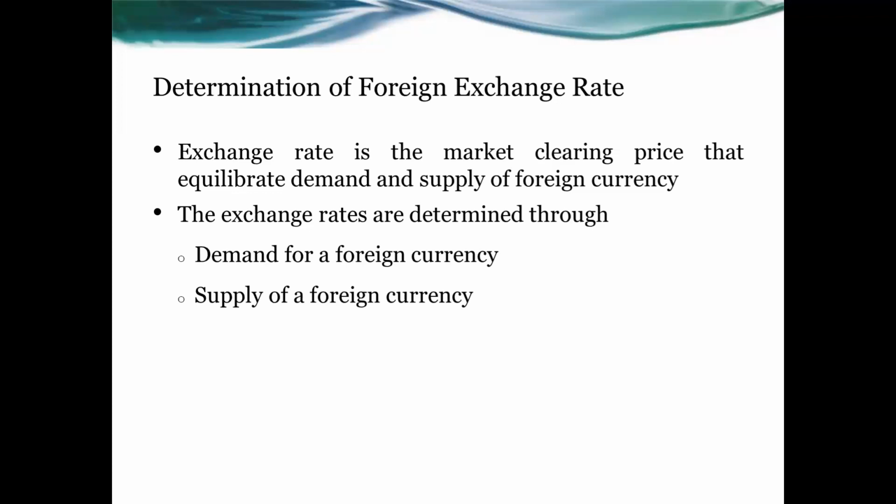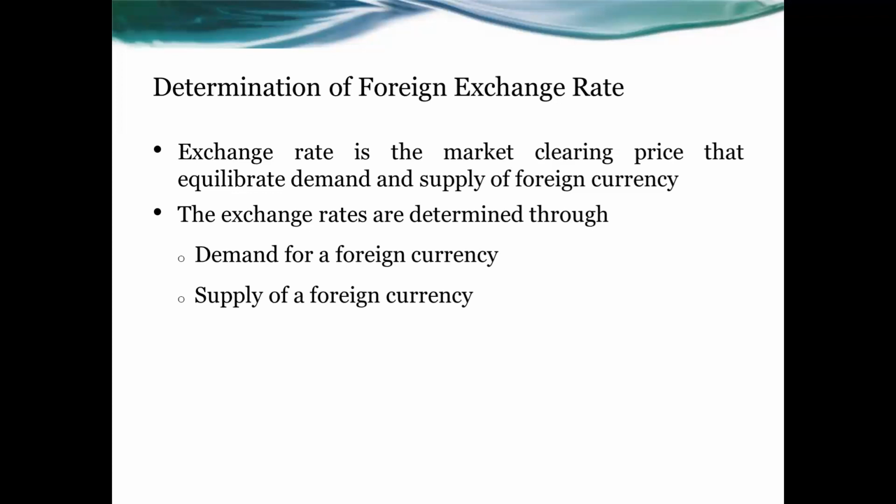So what we so called as a currency here is we are considering about demand for a foreign currency. That means demand for a US dollar and supply for a US dollar. While looking at this demand and supply of a particular foreign currency, we decide or country decide their exchange rate between domestic currency and that particular foreign currency.